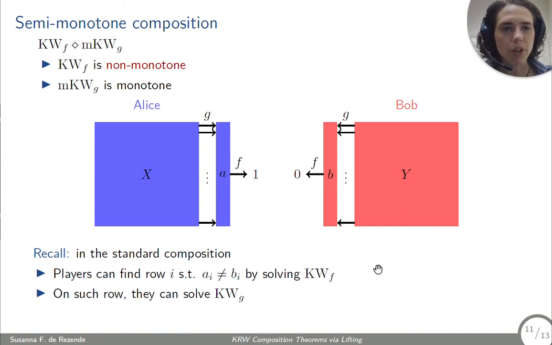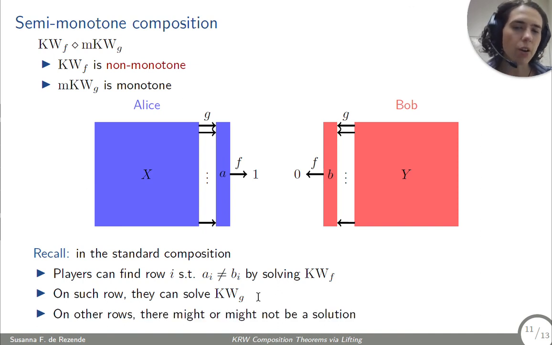Alice and Bob could also consider other rows, not only rows where A_i is different from B_i, but for those rows, there might or might not be a solution. It might be the case that on those rows, Alice and Bob have exactly the same input.